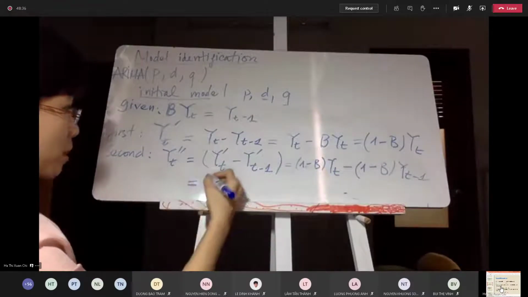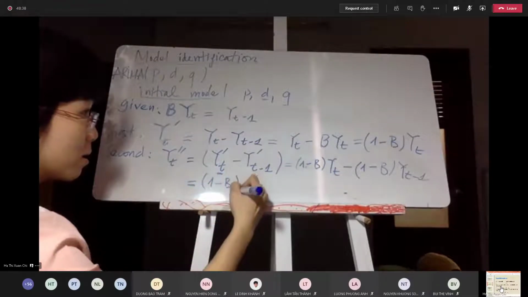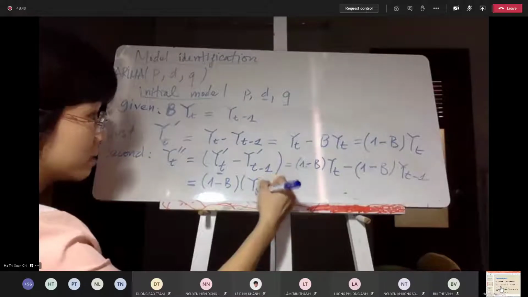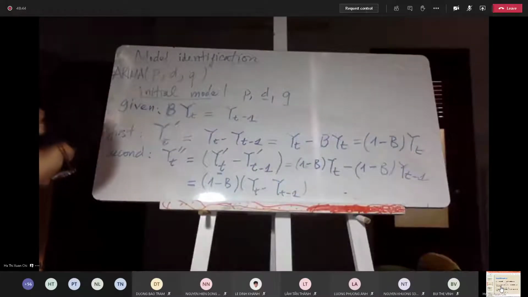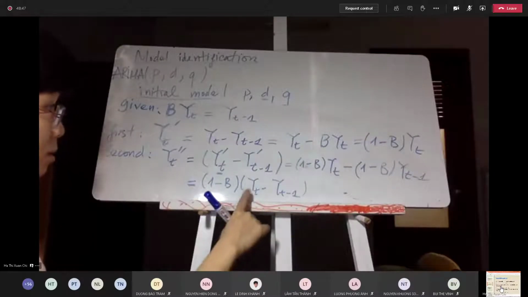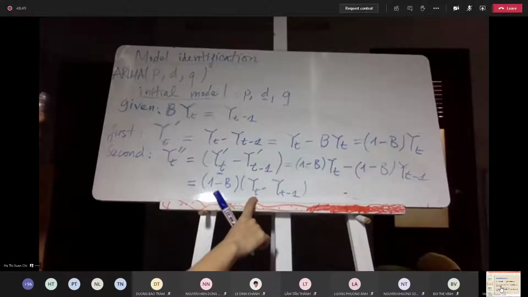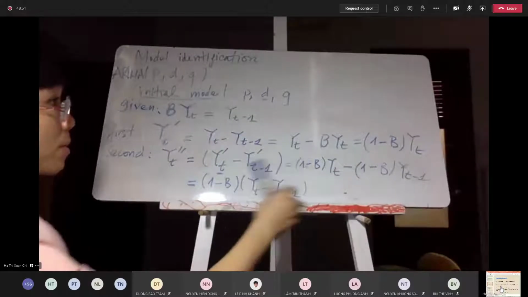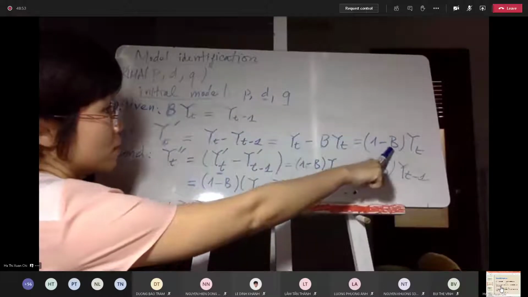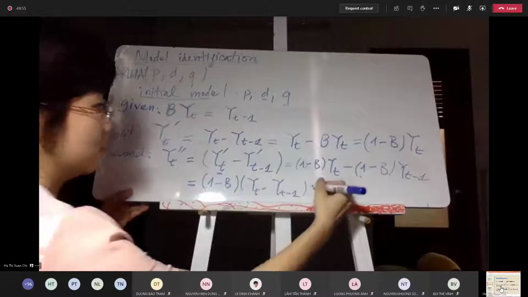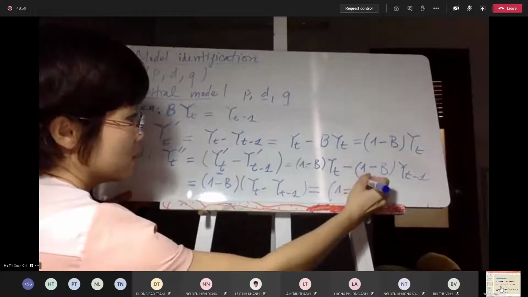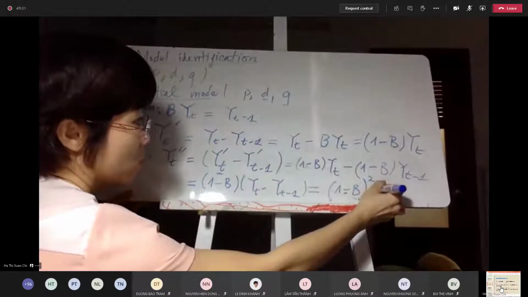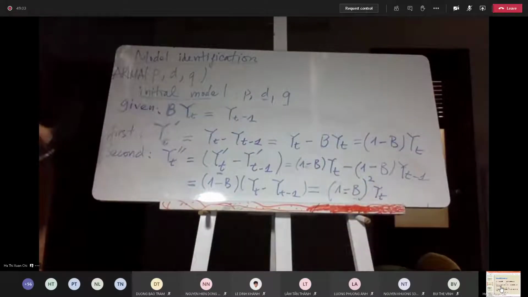So we can rewrite that 1 minus B will be YT minus YT minus 1. So that one will be equal to 1 minus B YT. So I can write it like that, 1 minus B squared YT, right?